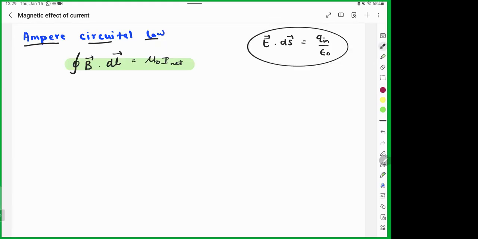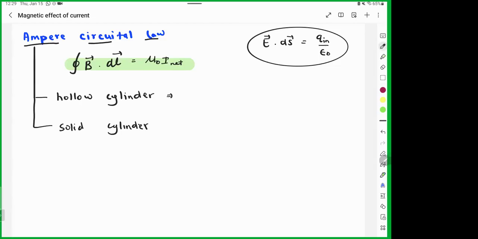Okay, Ampere's circuital law. You can use this for the hollow cylinder. If you calculate for a hollow cylinder, you know what the value of the magnetic field will be in this case. And in case of a solid cylinder, what will be the value?